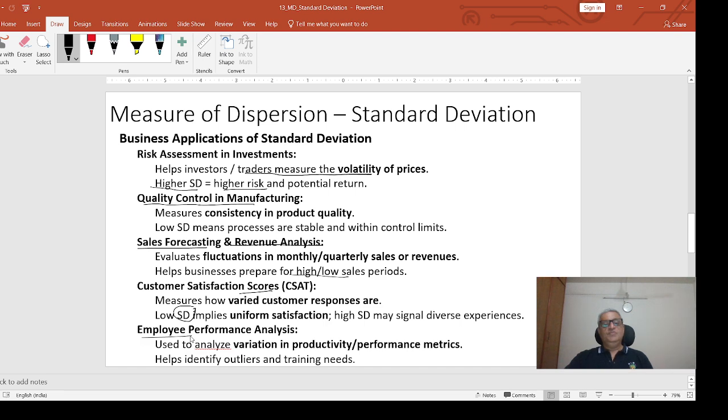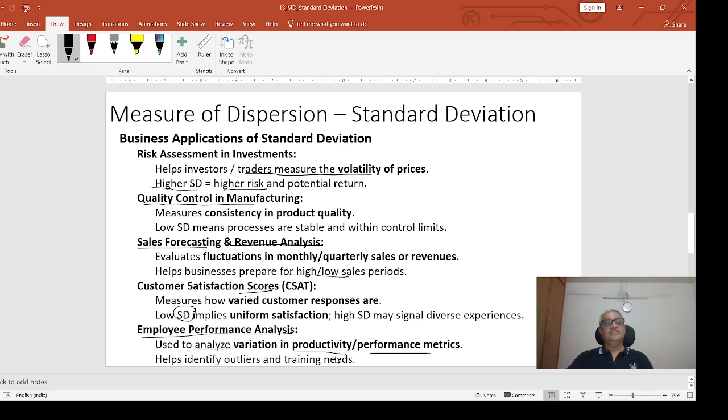Similarly, employee performance analysis can also be done. You can see what is the standard deviation in productivity and performance metrics, and based on that, for somebody who is giving extremely low productivity, or if there are any outliers on both the higher or lower side, reasons can be found out.